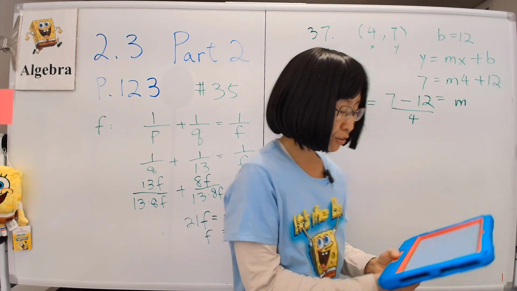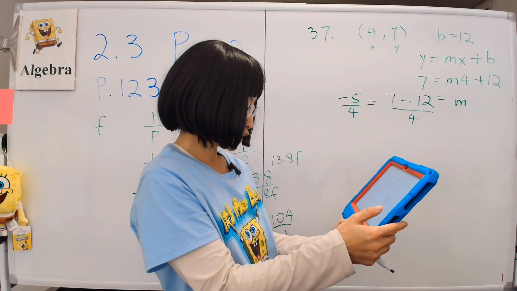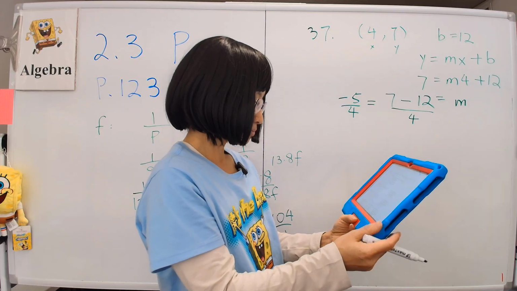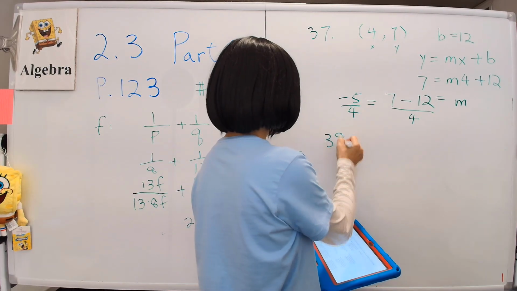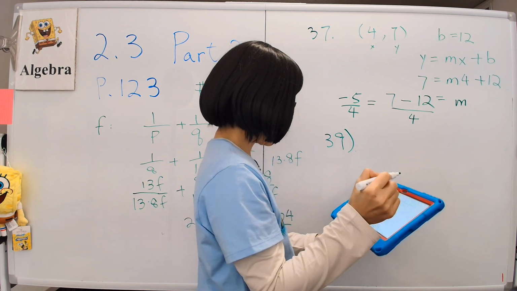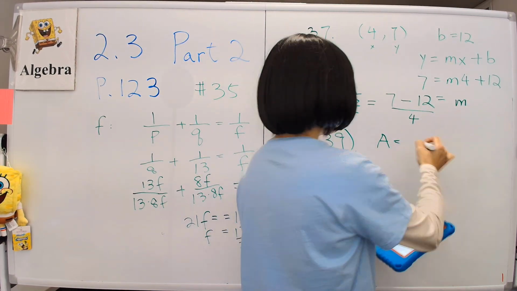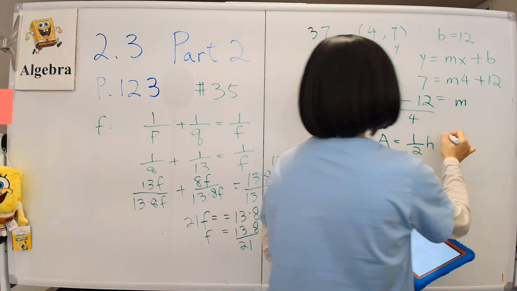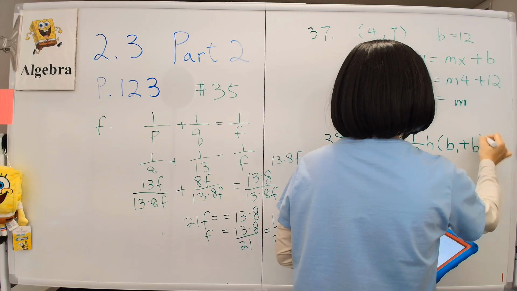So next, let's do problem 39, where it says solve for h. Okay, let's solve for h then. We have a equals 1/2 h times b1 plus b2.